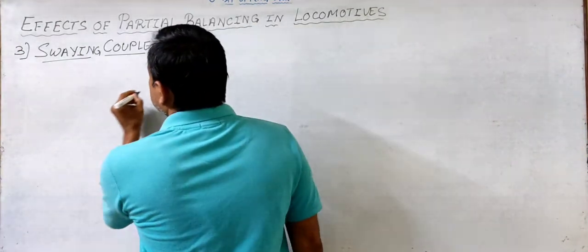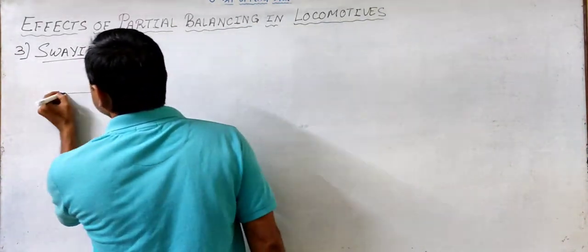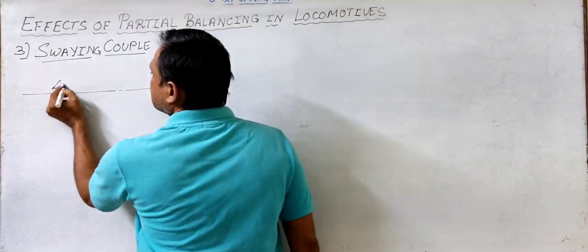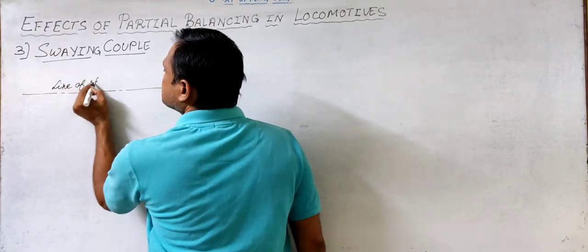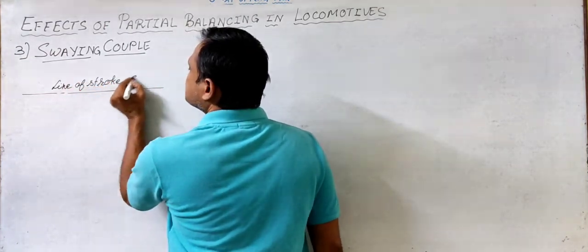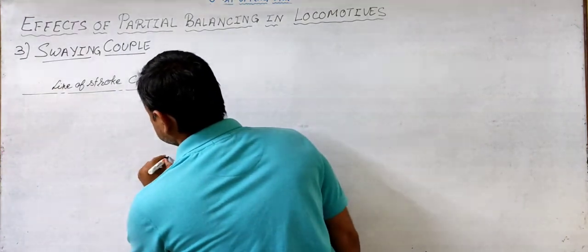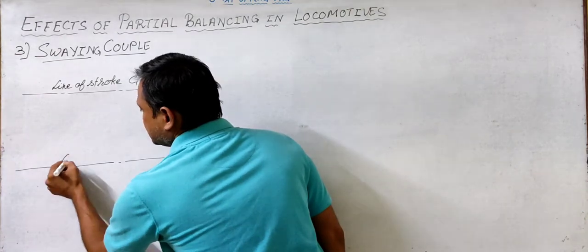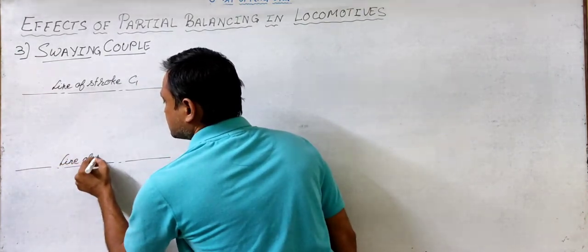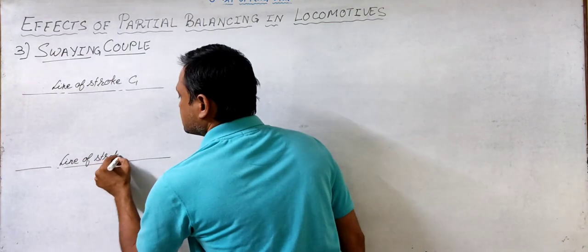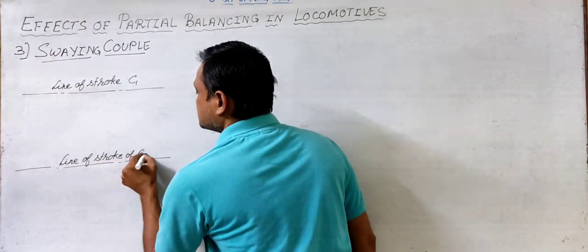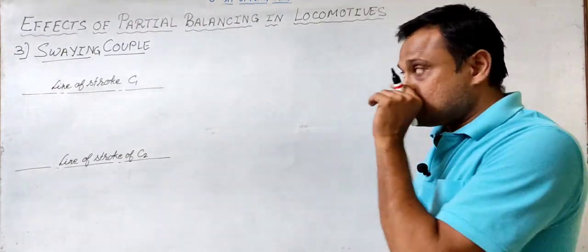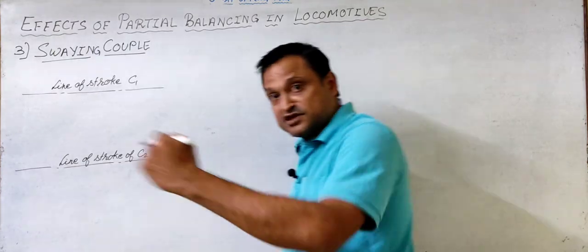Now, say this is the line of stroke of cylinder 1, and this is the line of stroke of cylinder 2.